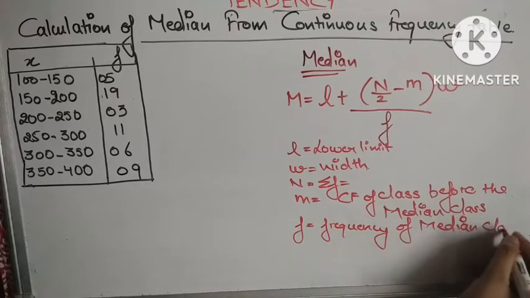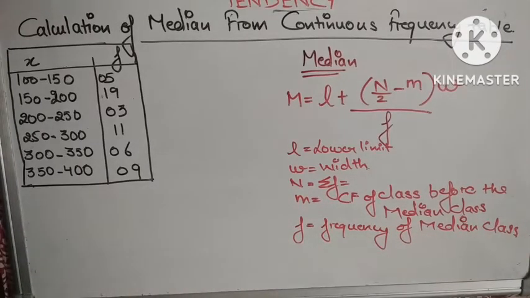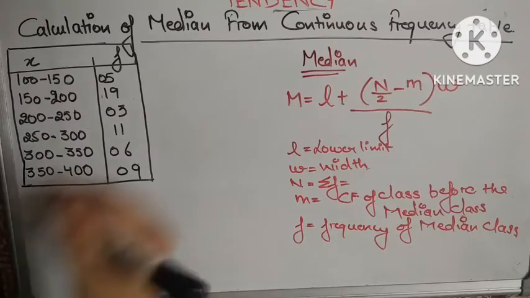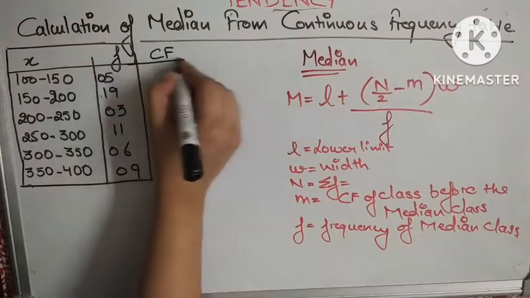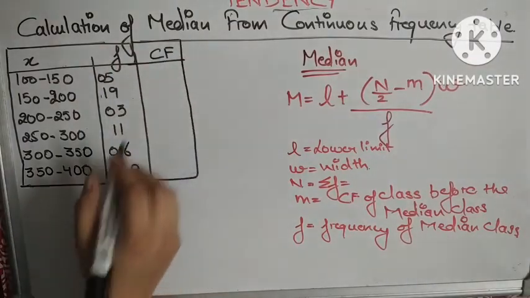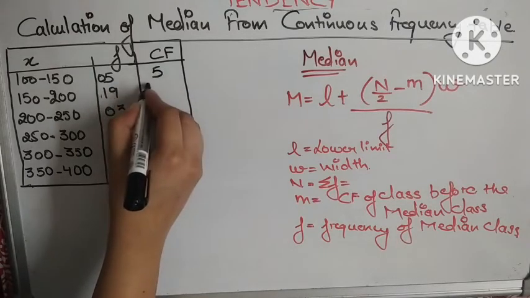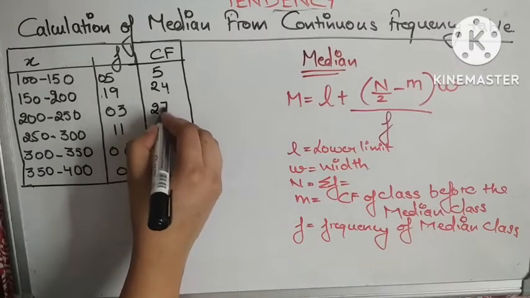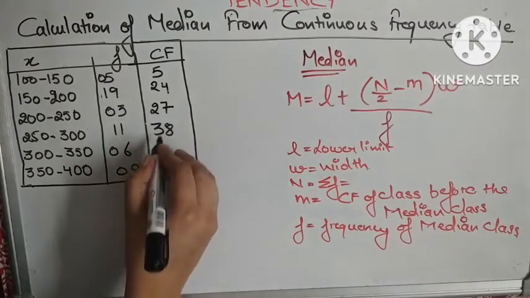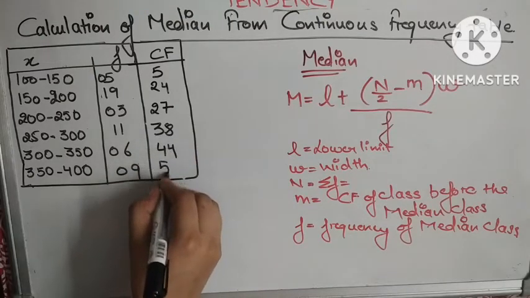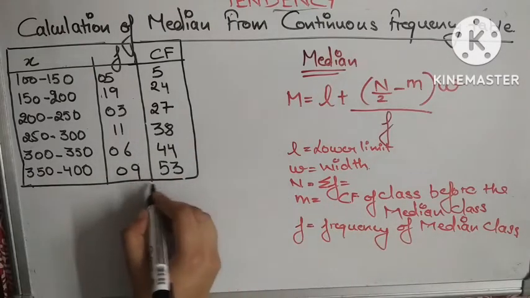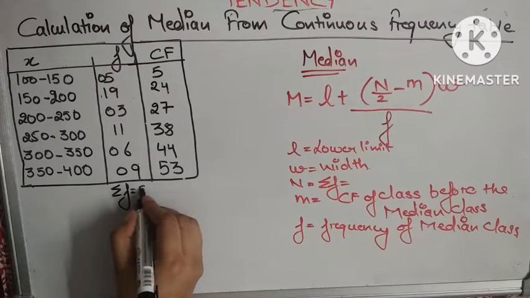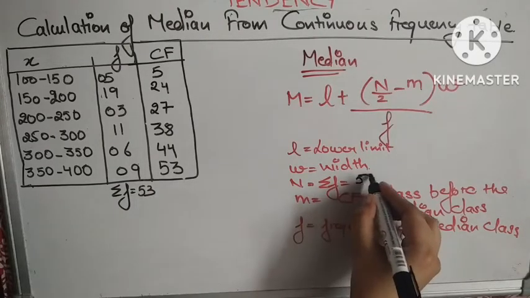Now just see here, as we have seen in the previous question, our first step is to find the cumulative frequency. For calculating the cumulative frequency, just add 5 plus 19, you will have 24, and then you will have 27, then 38, then 44, and then 53. So I can write that sigma f is 53 here.